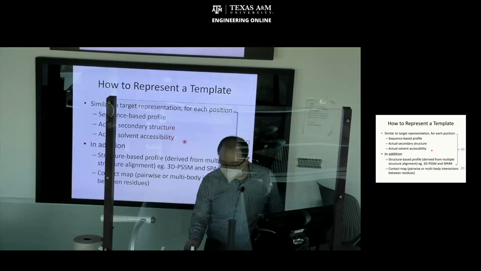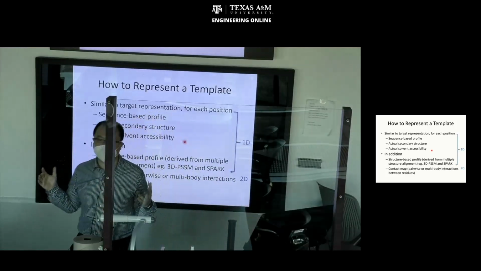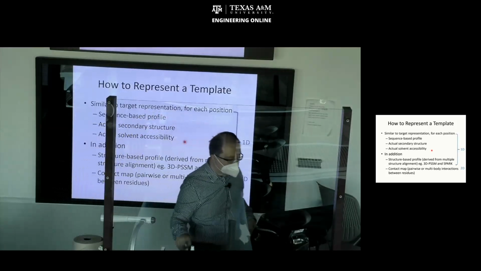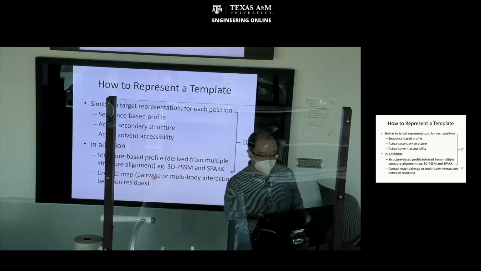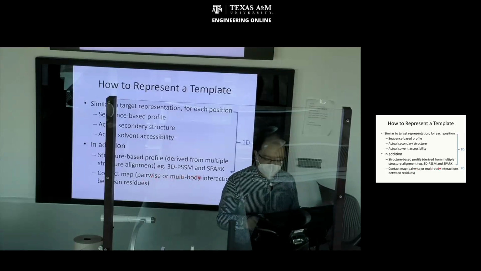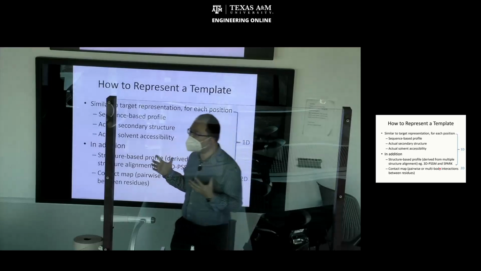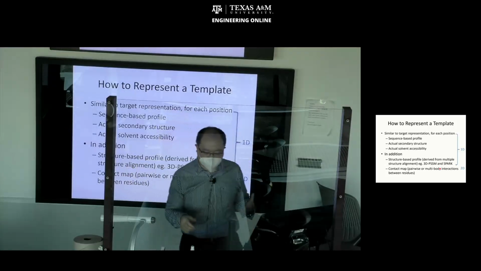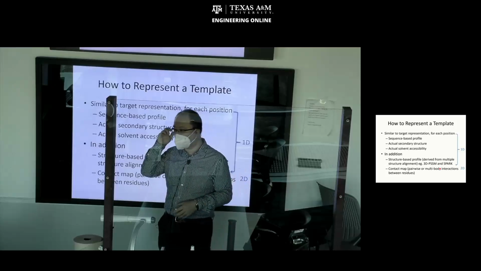We are throwing away a lot of higher order information. For instance, whether residue I is close to residue J, so-called contact. This is a two-body or pairwise contact, or multi-body, where I, J, K interact in a cluster. Those kinds of higher order information than 1D are not considered, okay? So let's also keep that in mind.